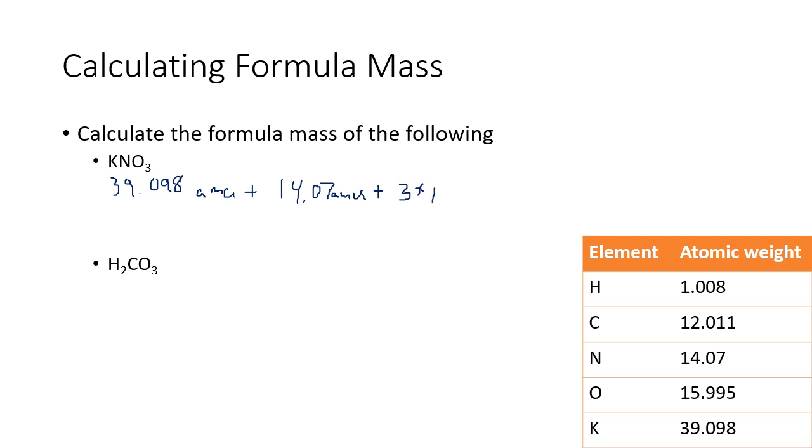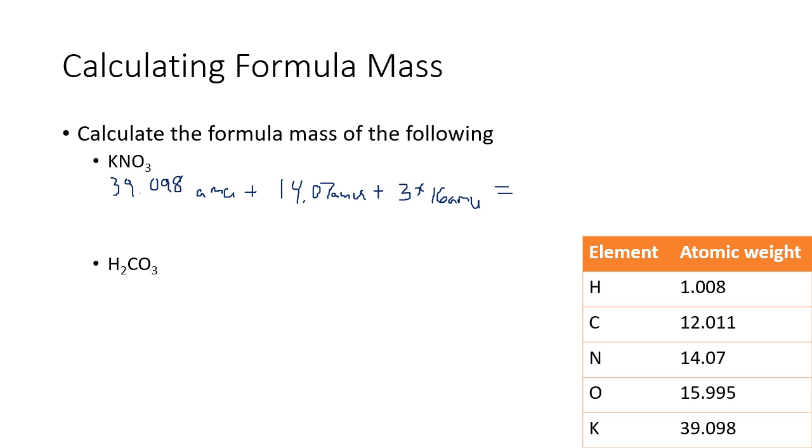And I've given it as 15.9995 because that's what was on my periodic table, but I am going to be lazy and round to 16. Because we only have to the hundredths place for nitrogen, so it's really not going to make a difference if I round that.